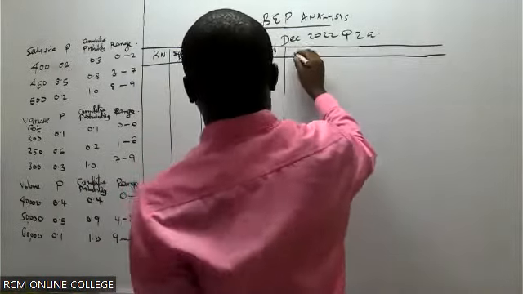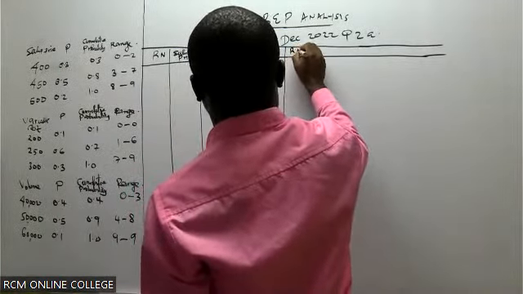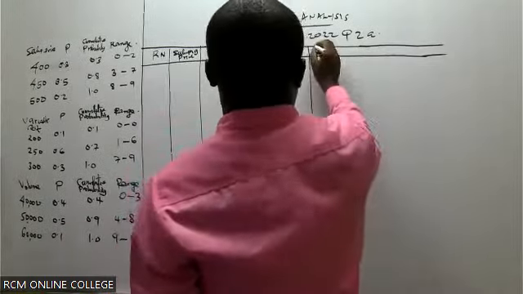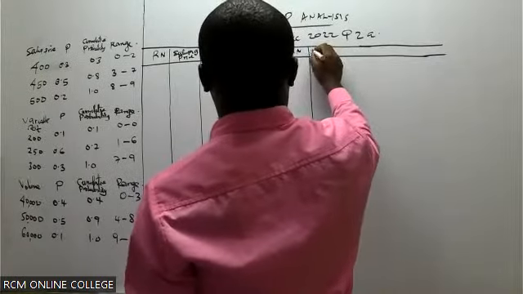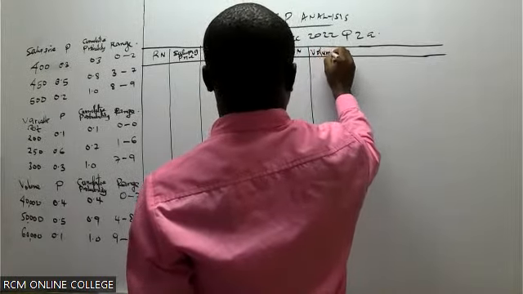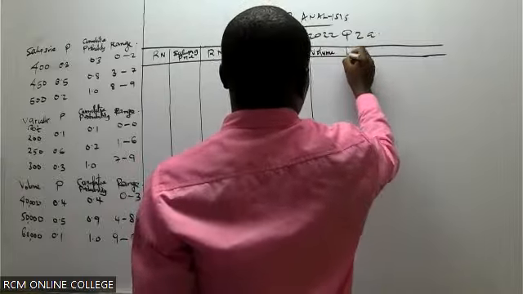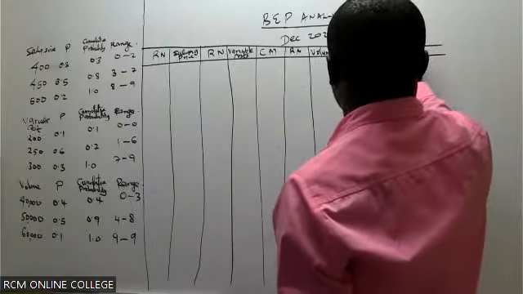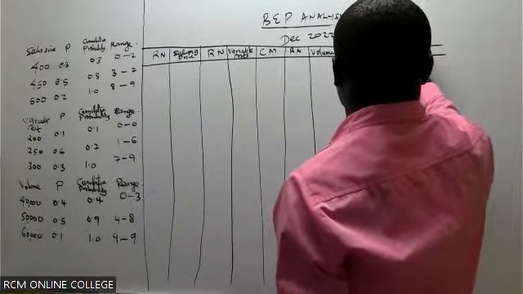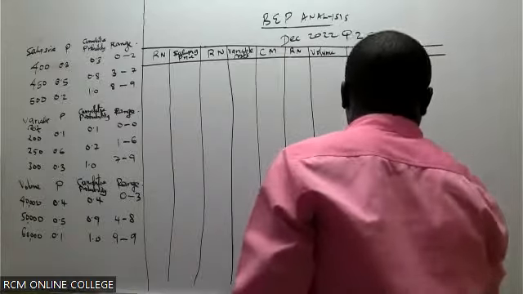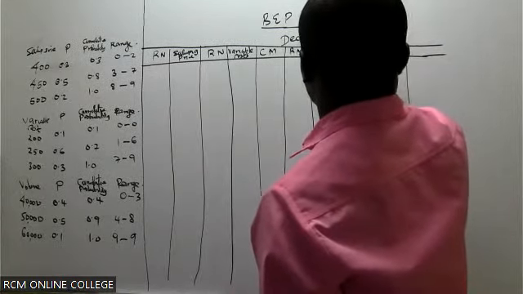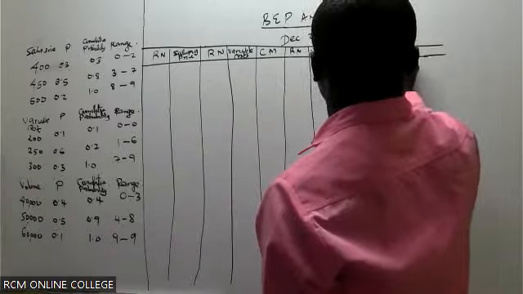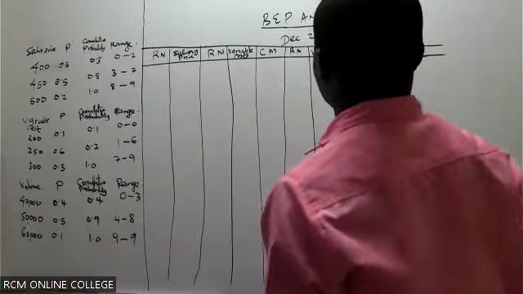This volume here, or units, I'm also required to get the random numbers for me to be able to arrive at units or volume. So once we have that volume, we will be able to arrive at what we call total contribution margin.